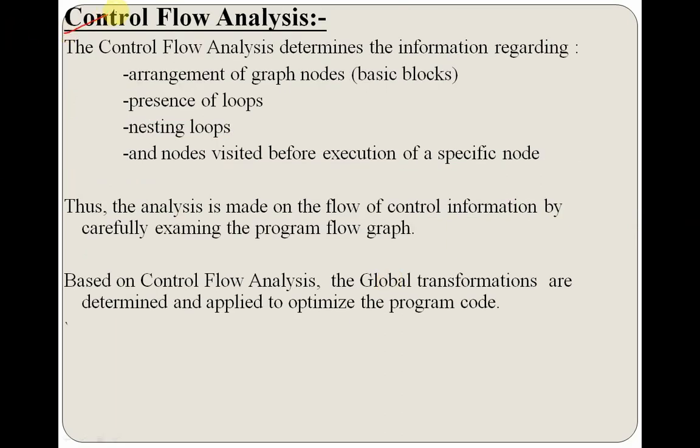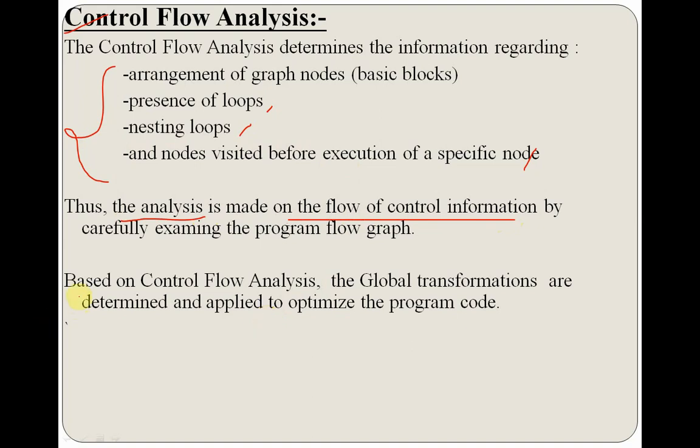The first one is control flow analysis. The control flow analysis is used to determine the information regarding various elements like presence of loops, nesting loops, nodes visited before execution of a specific node, arrangement of graph nodes, etc. So by doing all these analyses on the flow of control information, we can recommend some transformations.